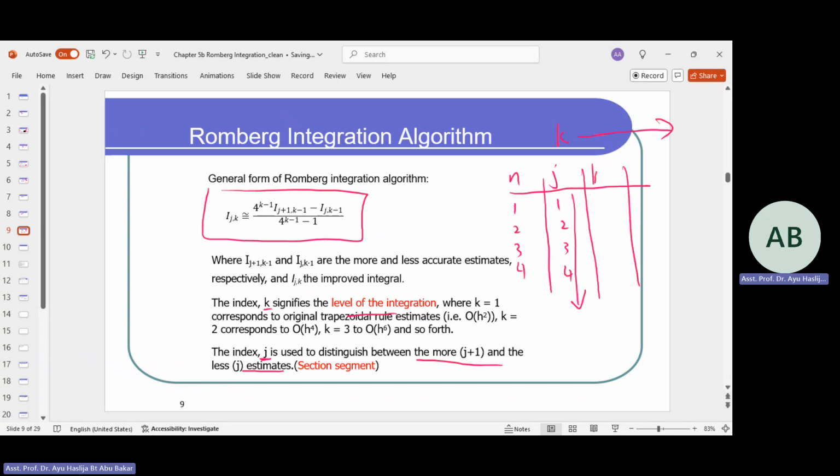So k equals 1, k equals 2, k equals 3. Now these are O(h^2), O(h^4), and O(h^6). Okay, now we move to an example so that you understand better.